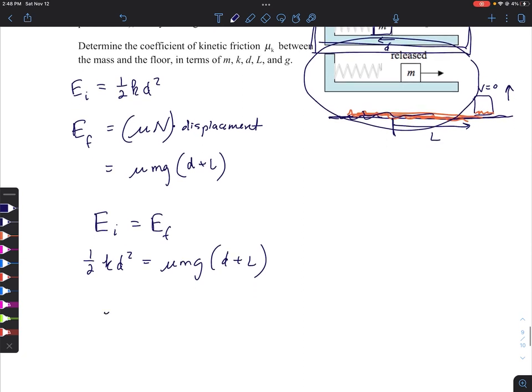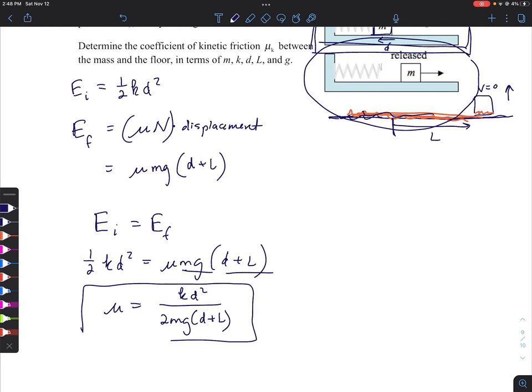And we're solving for mu. We want to find mu. So we just divide both sides by mg times (d plus L). So we have k d squared over 2mg(d plus L). And that is our coefficient mu.